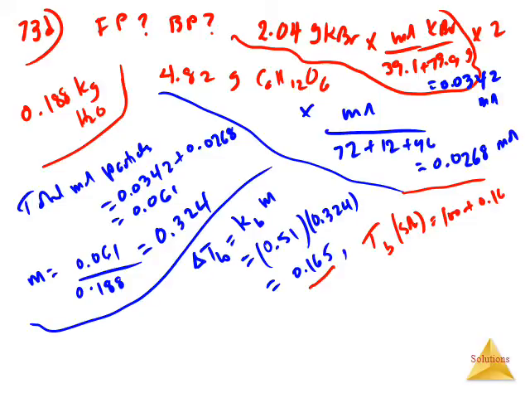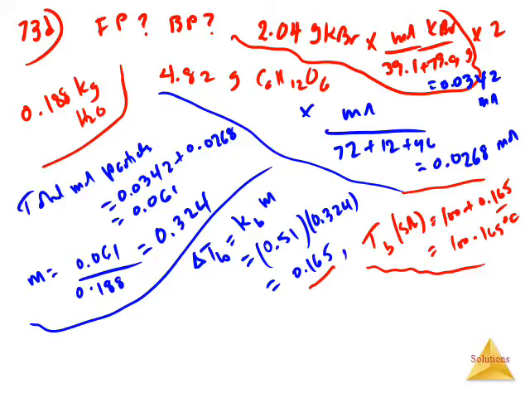Remember, when you add a non-volatile solute, it increases boiling point by delta TB. So that needs to be added to the normal boiling temperature. So you basically get 100.165 degrees centigrade. So that's the boiling temperature of the solution.